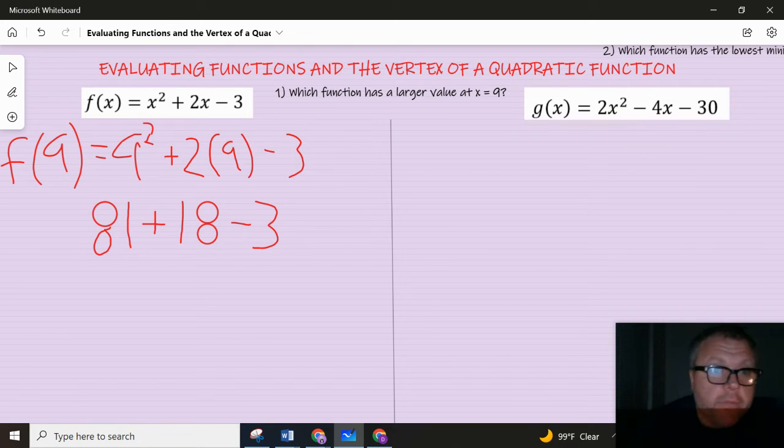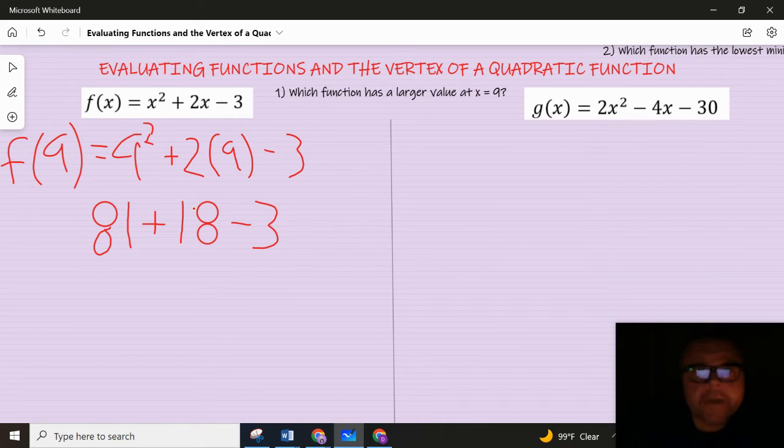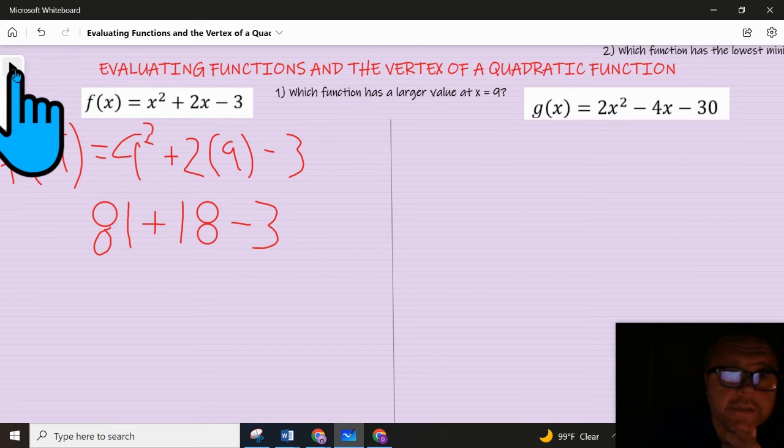Now, addition and subtraction do go left to right. So 81 plus 18, I like to think of that as 81 plus 20, and then oops, I accidentally added 2 too many, so we'll go ahead and take away 2.